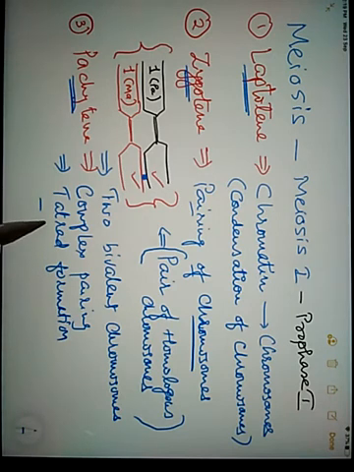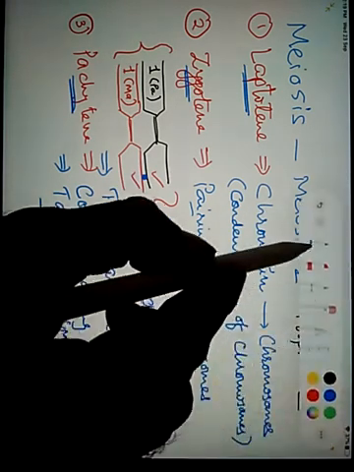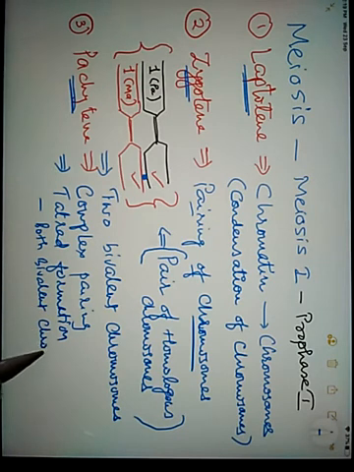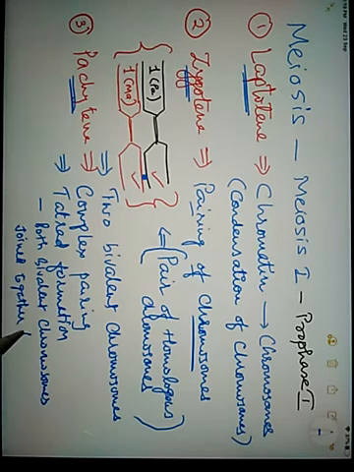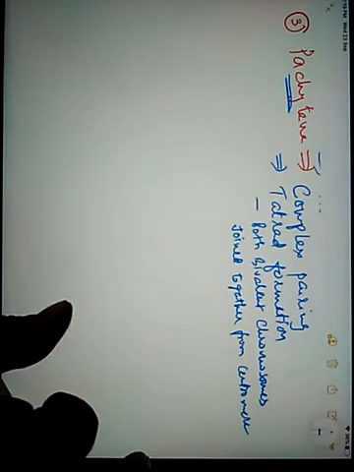Because both the bivalent chromosomes are joined together from the centromere, and that is why it is becoming tetrad. So that's the speciality of Pachytene. Ready?